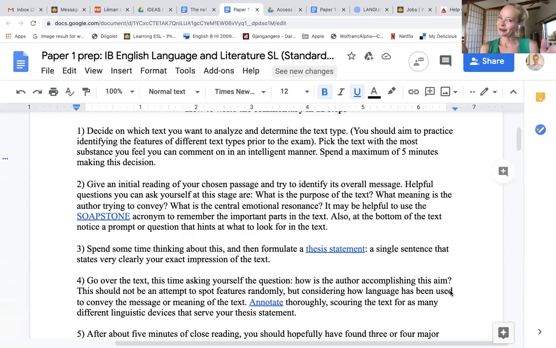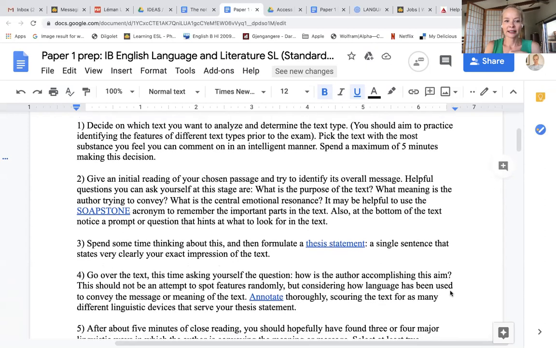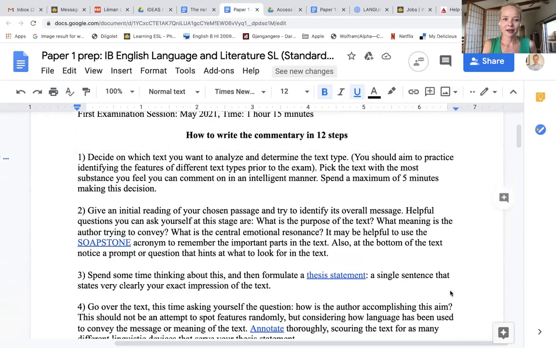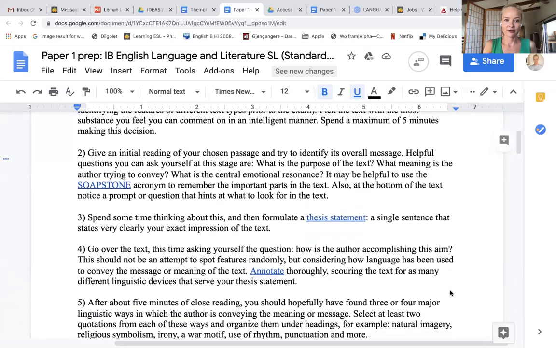On the exam itself, you would have to have a little prior knowledge, so that's another lesson. But spend a maximum of 5 minutes choosing between the two texts, and choose the one you feel you have the best understanding of, or the type of text you understand best.